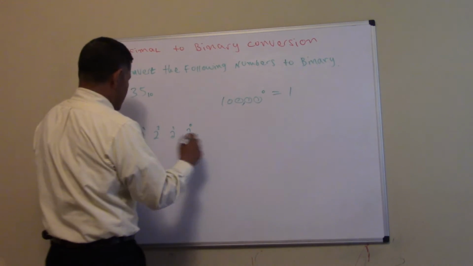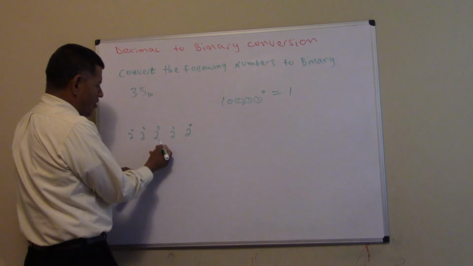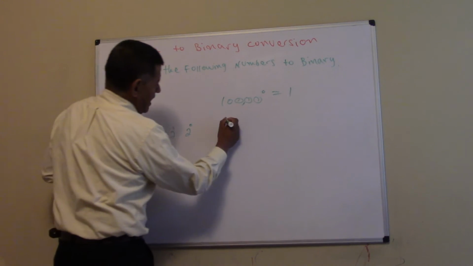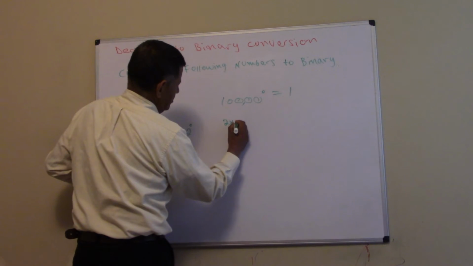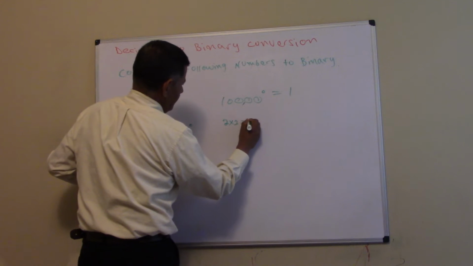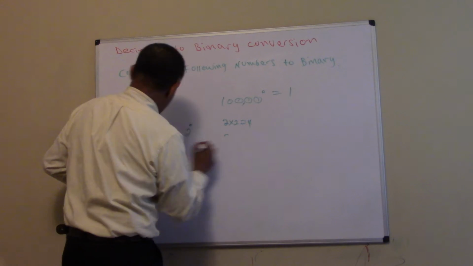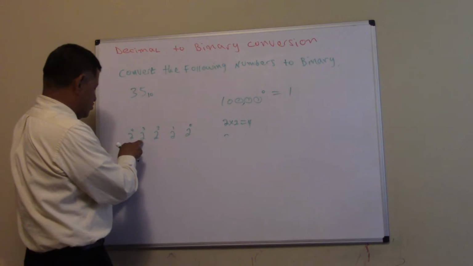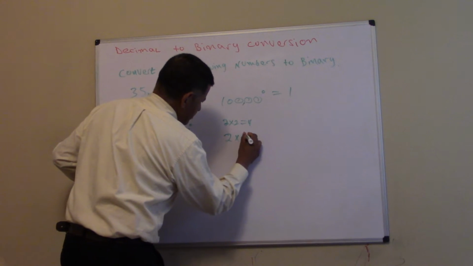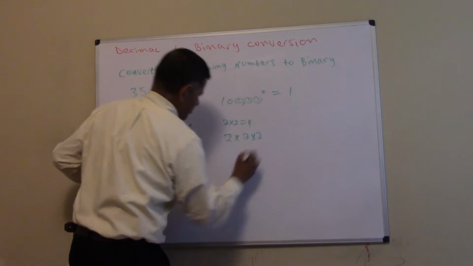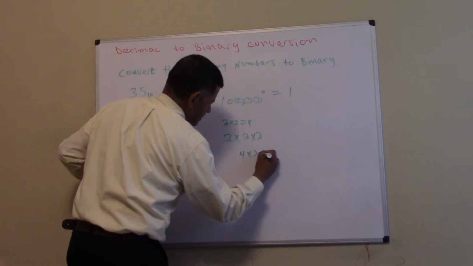right? And then when this comes here, any number multiplied to the power, well, this 2 is being multiplied. For example, this one right here is 2 times 2 is equal to 4. And then 2 to the third power is 2 times 2 times 2, right? 2 times 2 is 4, times 2 is 8.